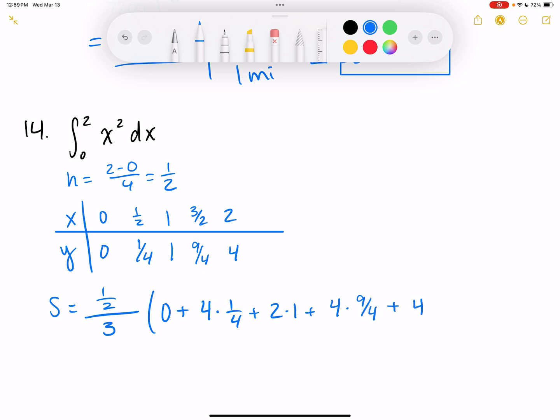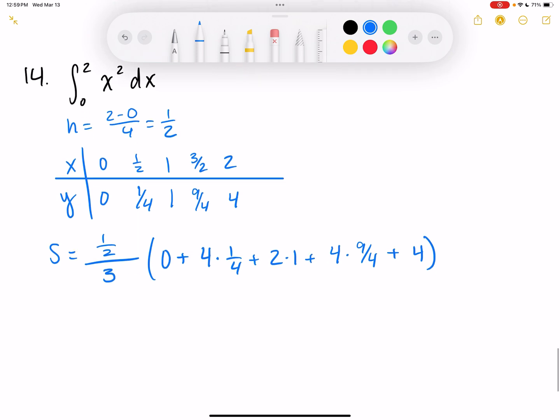This one happens to work out nicely because in here these 4's cancel. So I've got 1/6 times 1 plus 2 plus 9 plus 4.